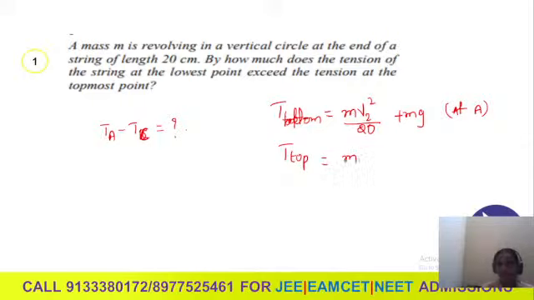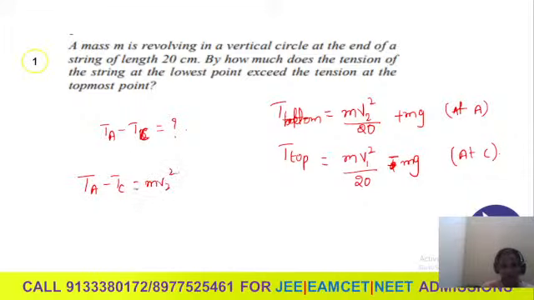So we are taking velocity at the top as V1 square, and the length of the string is given as 20. Here minus, because it is minimum. At the top, tension will be minimum, like it is at C. And if we take TA minus TC from these two equations, we get m V2 square minus m V1 square by 20 plus 2 mg. We are subtracting, so these two will become 2 mg.